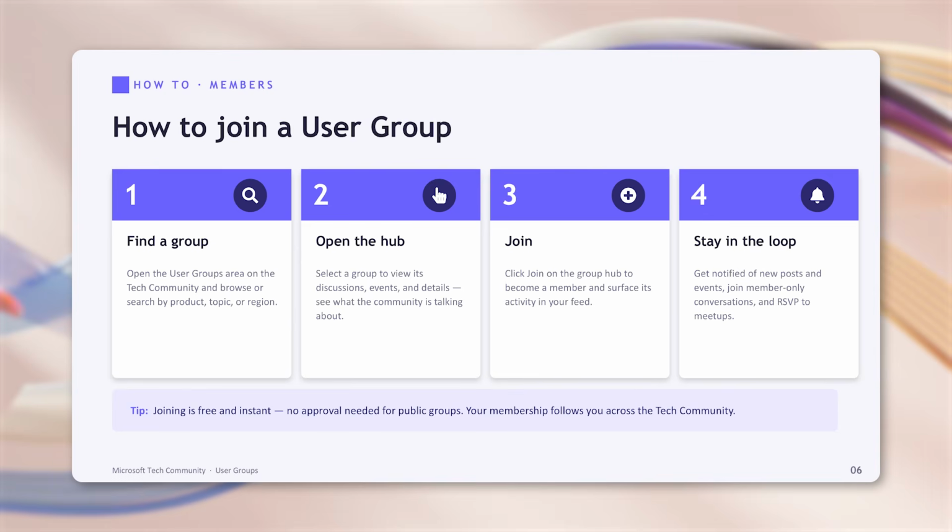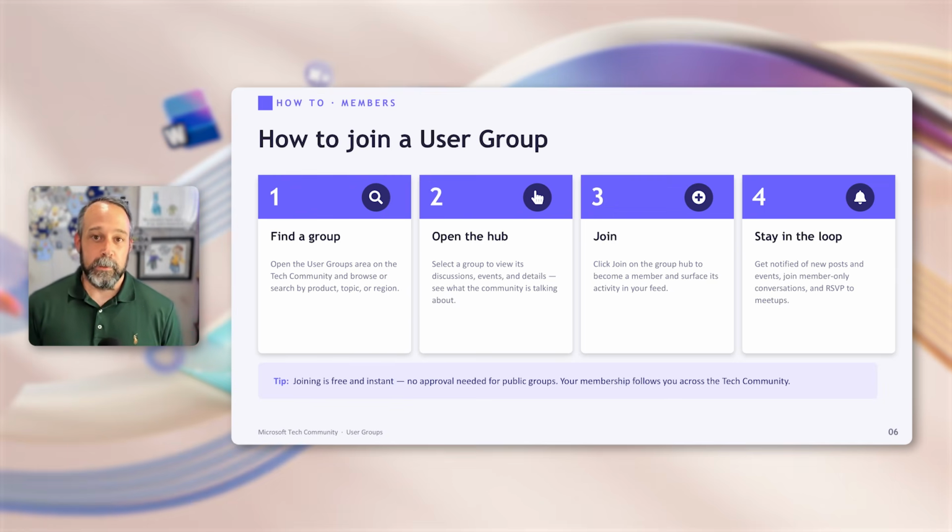If the group looks interesting, simply select join or select follow to become a member. Once you're joined, you'll be able to stay informed about new activities, participate in conversations, receive notifications, and RSVP for that user group's events. For public groups, joining is immediate and doesn't require any other approval process.